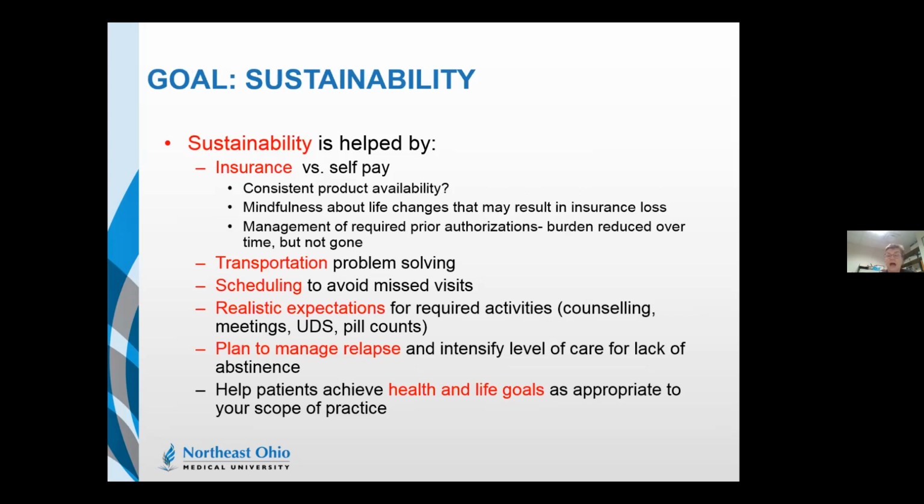So some of the things that I get help with from our office social worker: making sure the person has insurance, they have transportation, they are scheduling to avoid missing visits, and that my expectations of their other activities are realistic. For example, for a person who works and really wants to keep their job, I'm not going to be calling them at random, telling them to come at 2 in the afternoon for a drug test. I'm going to plan around that.